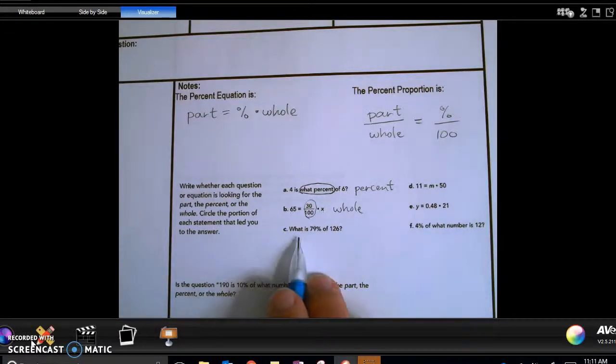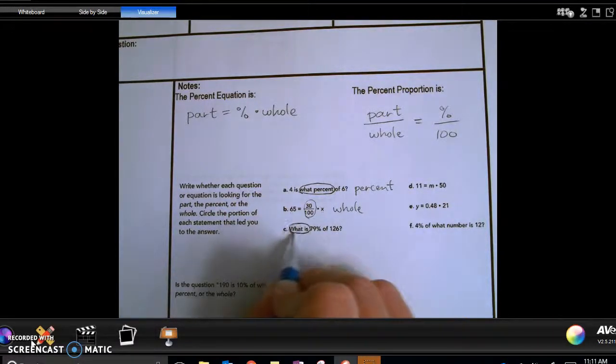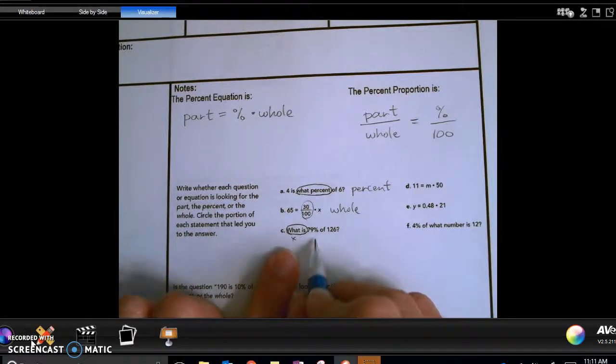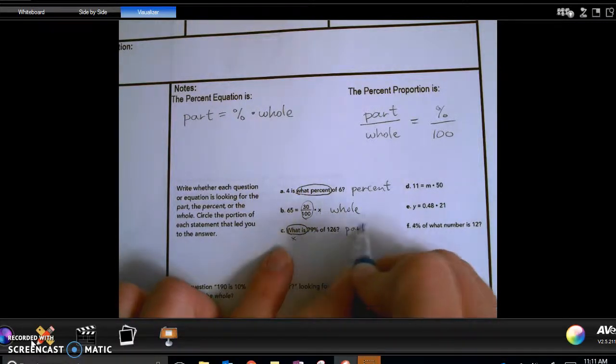On part C, what is 79% of 126? What is my key word? This is going to be my variable, what I'm looking for. I know my percent, and I know I'm always taking the percent of the whole. So what I'm looking for in this case is the part.